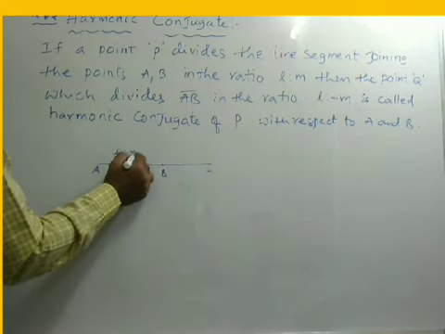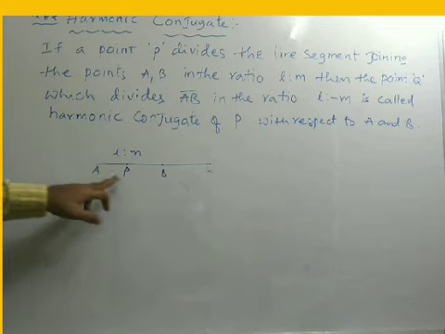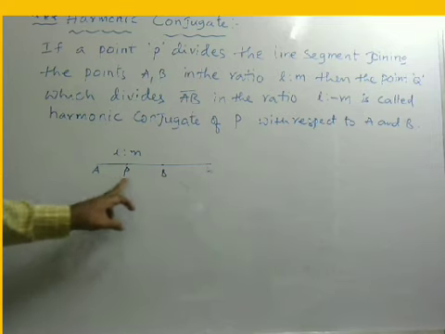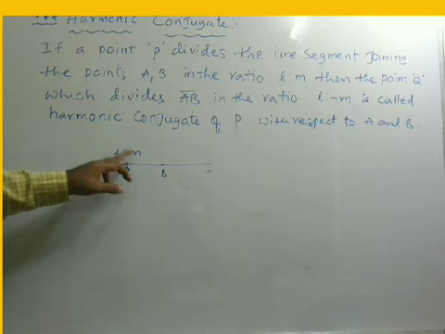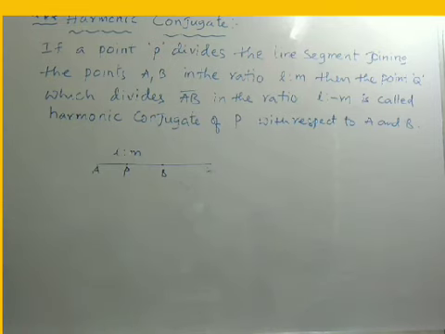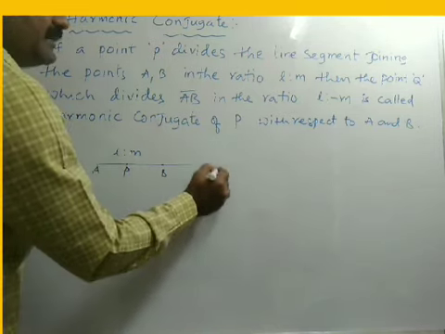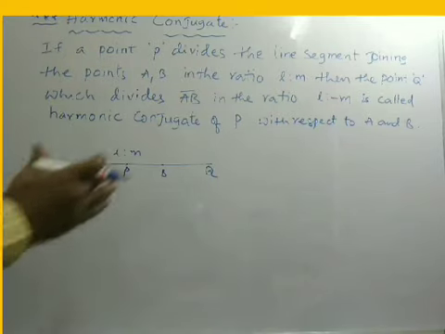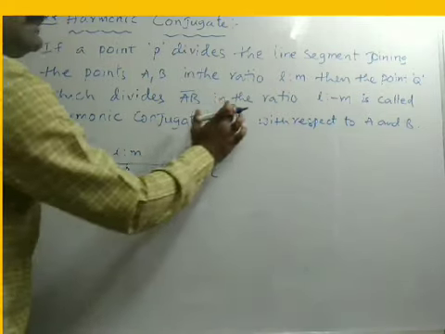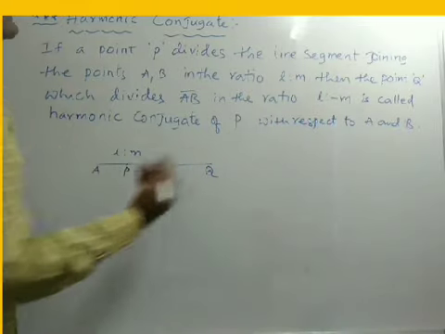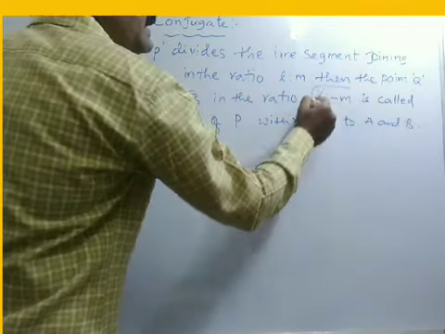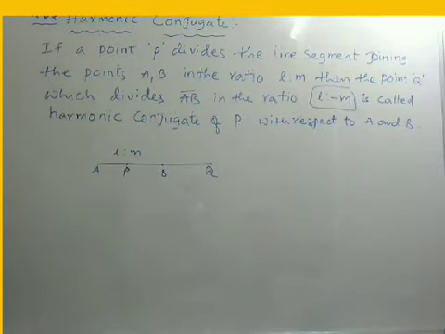So see, if a point P divides the line segment AB in the ratio L is to M, then the point Q, this is the point Q, which divides AB in the ratio L is to minus M, is called the harmonic conjugate of P with respect to A and B. Do you understand?